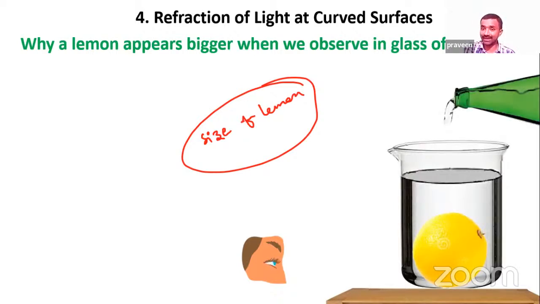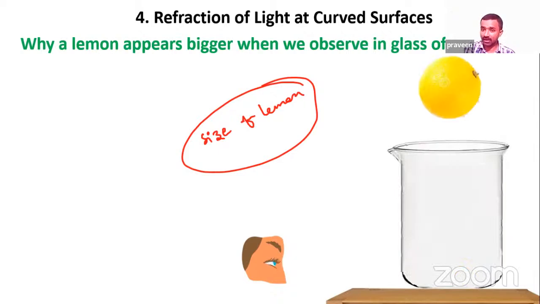Look again: a lemon dropped into the empty glass, so we have some idea about its thickness. Then the lemon in the water appears thicker.